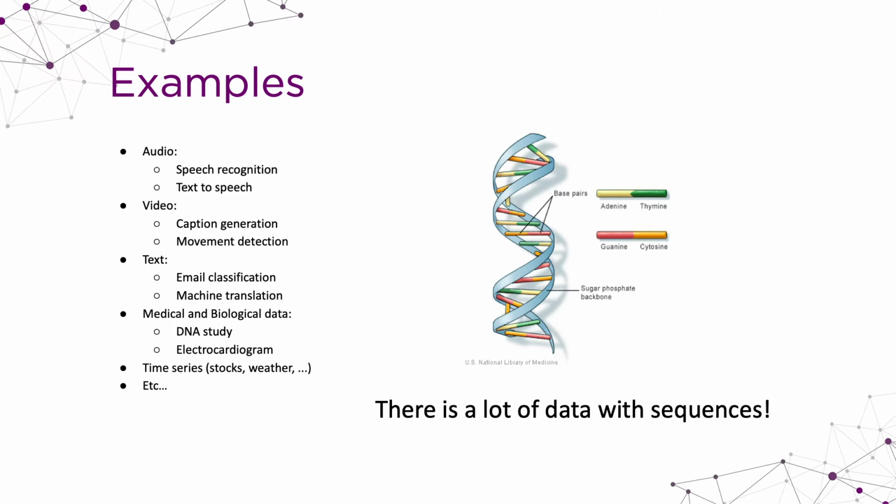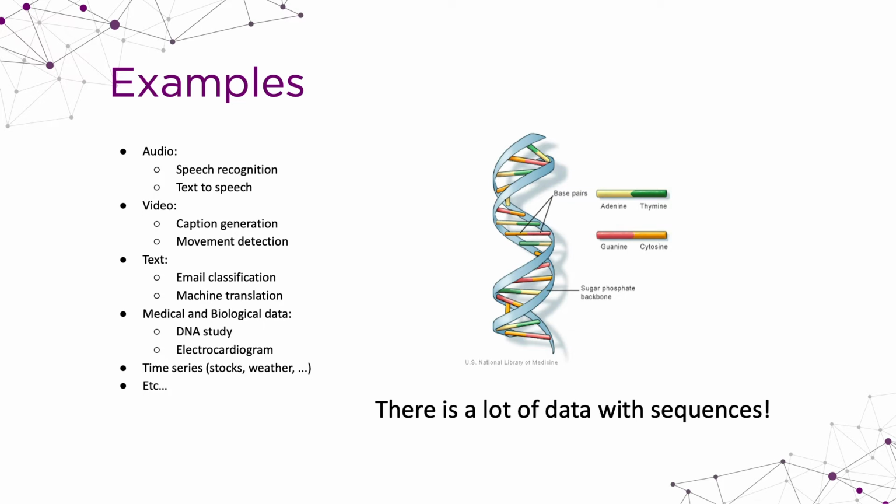We already mentioned text, spam filtering and machine translation. Also, in the medical field, we have a lot of data that can be shaped as a sequence. We have the DNA, which is a sequence, and we can have the sequence of the heartbeat over time, maybe because we want to find some anomalies.